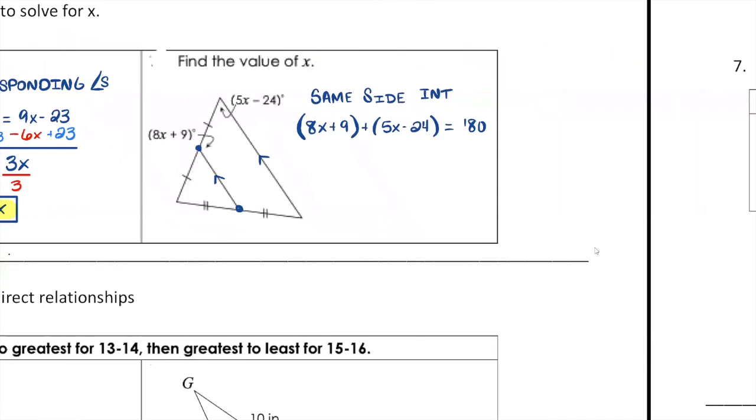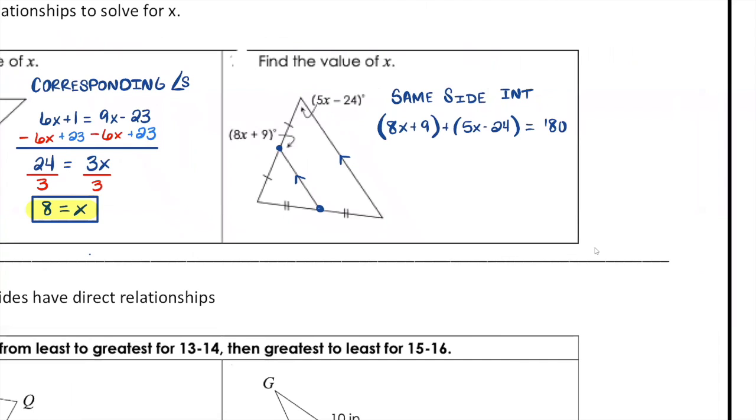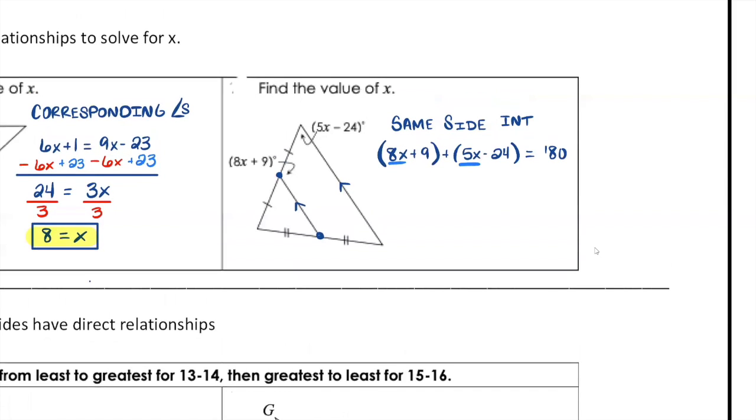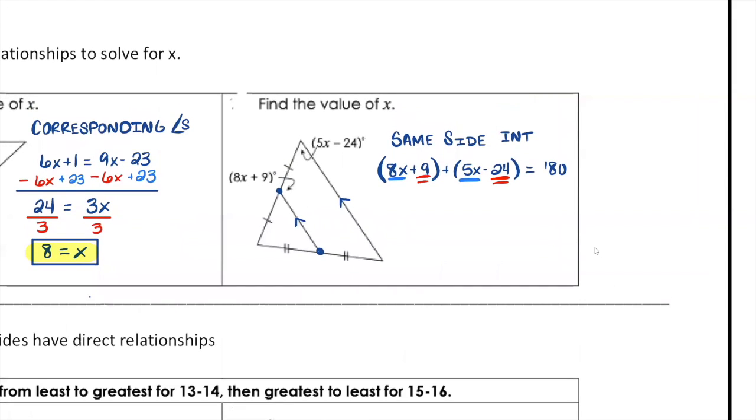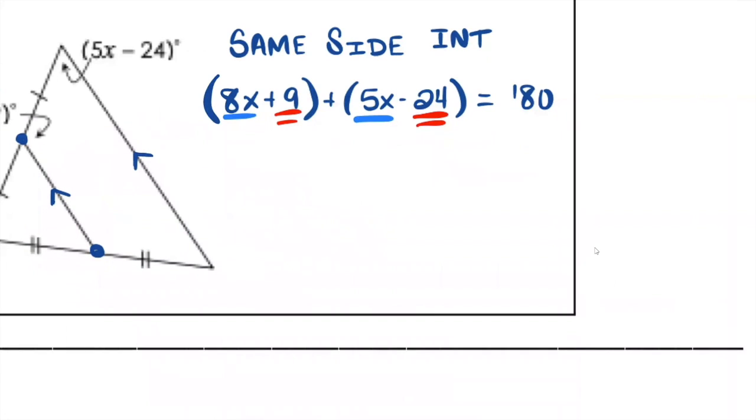Because they are supplementary, it means their sum equals 180. Now we combine like terms like y'all were hollering. 8x plus 5x, 9 plus negative 24. What do we get?